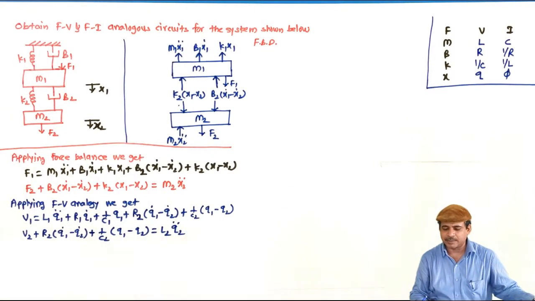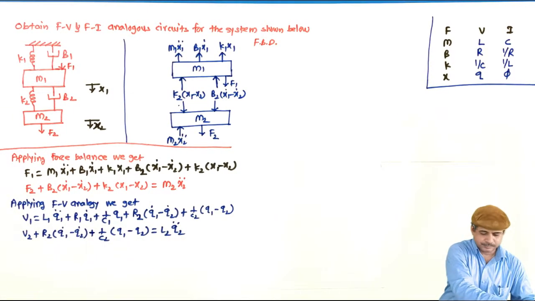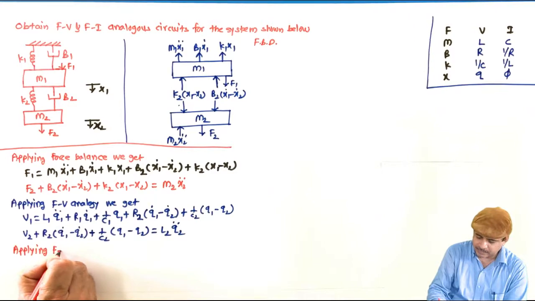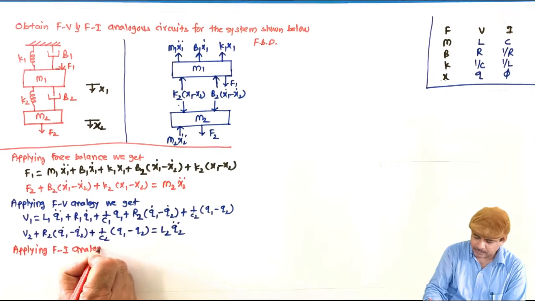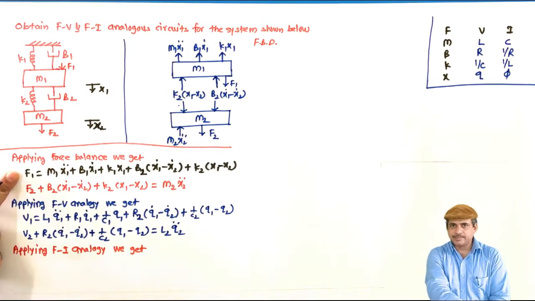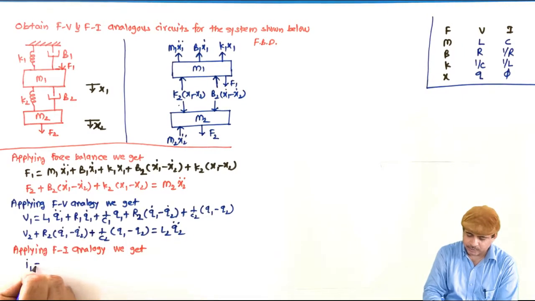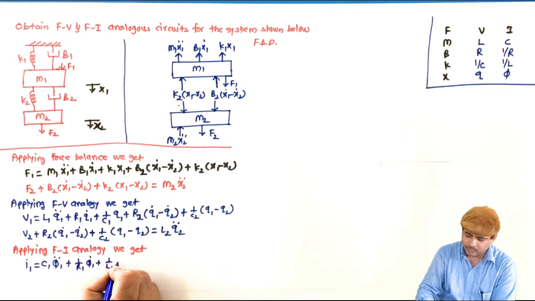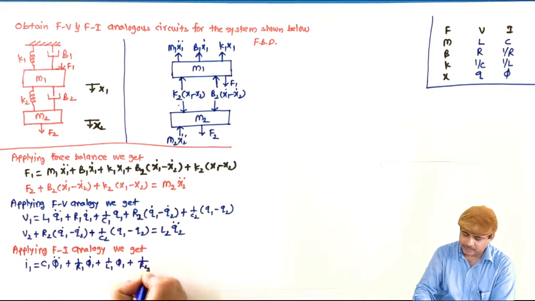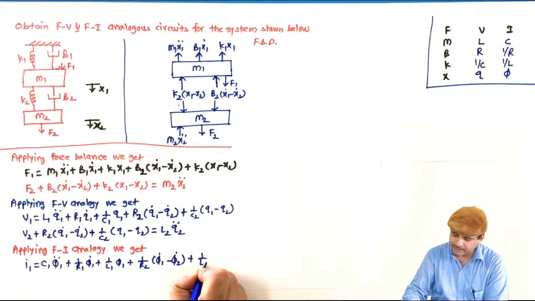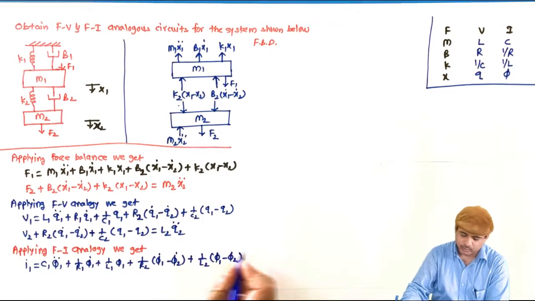So now let us apply the F to I analogy. For the same, this will be the I1 current source, equal to C1 phi1 double dot plus 1 by R1 phi1 dot plus 1 by L1 phi1 plus 1 by R2 (phi1 dot minus phi2 dot) plus 1 by L2 (phi1 minus phi2).